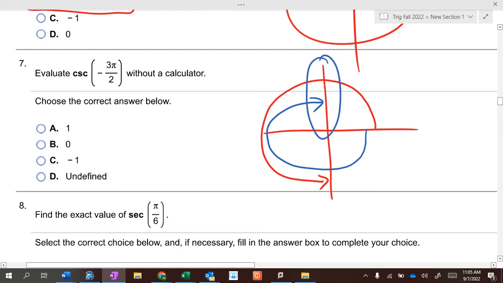We're doing cosecant. Cosecant is what? 1 over y, because it's 1 over the sine. What's the y value at 90 degrees? 1. What's 1 divided by 1?